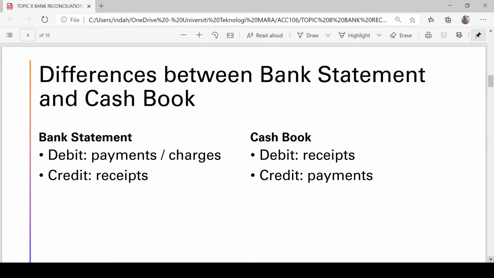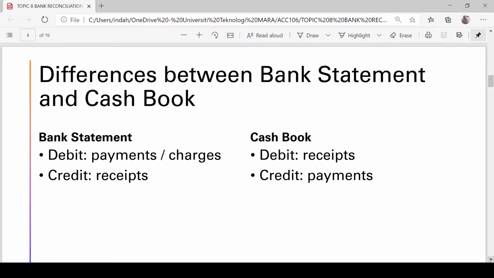There is also a difference between the way the bank prepares its bank statement and the way the business records the cash transactions using check. For the bank statement, there are three columns: debit, credit, and balance. Debit represents payments or charges, credit records receipts, and then we have a balance column.